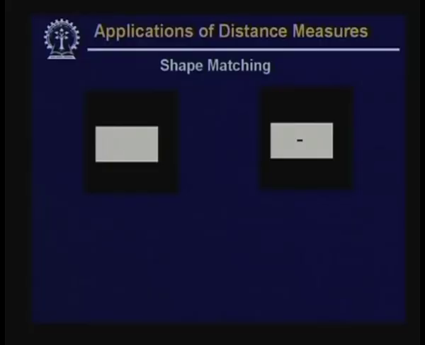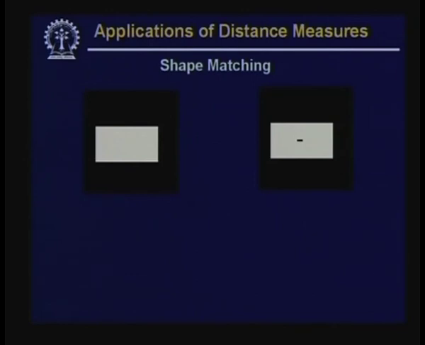Now, let us see one particular application other than just finding out the distance between 2 points. Say for example, I want to match 2 different shapes which are shown in this particular diagram. Here you find that these 2 shapes are almost similar, except that you have a hole in the second shape.